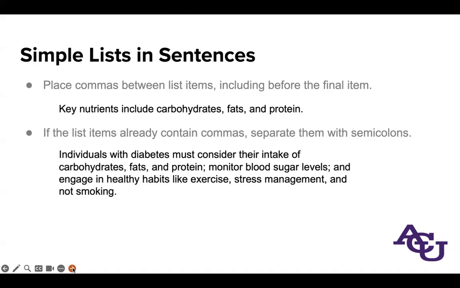That means we need to put a semicolon after that so that it doesn't run into the next item in the list. Then we have monitor blood sugar levels, semicolon. And finally, engage in healthy habits like exercise, comma, stress management, and not smoking. The semicolon just creates a bit of a stronger pause so that the reader can tell where item group 1 stops and then the next one starts.